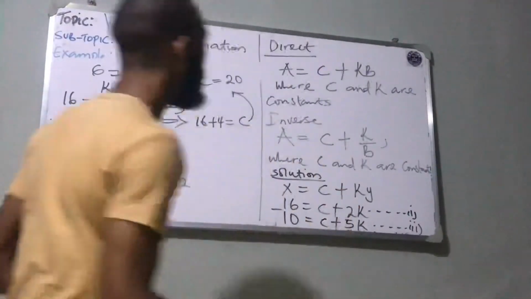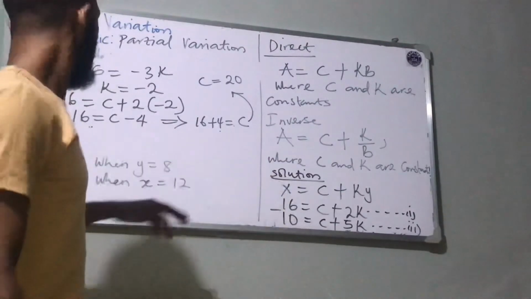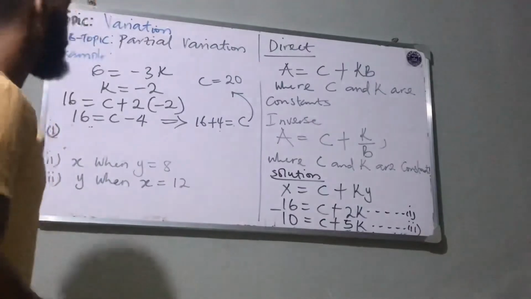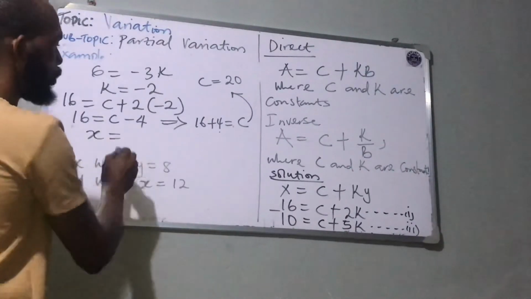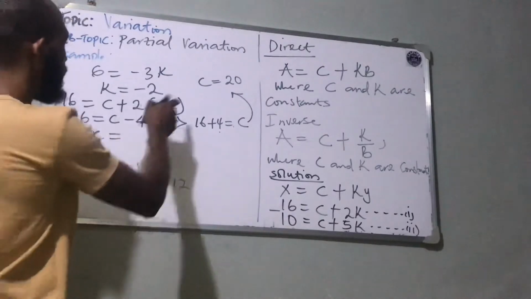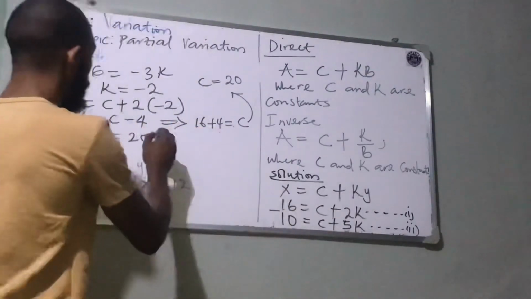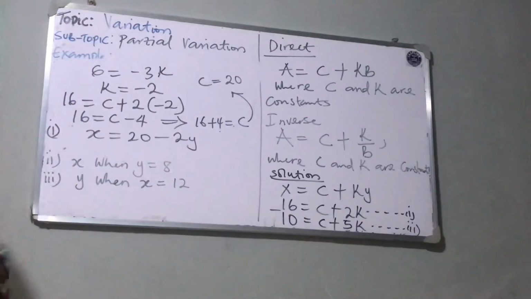I'm still using the formula we generated, X equals C plus KY. So we have X is equals to, our C is 20, K is minus 2, so that's minus 2Y. So this is the formula connecting X and Y.